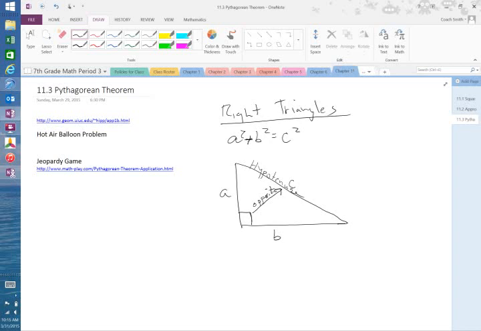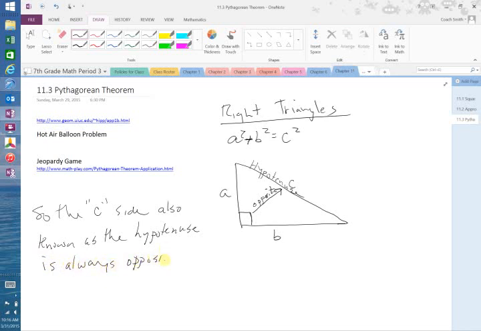The hypotenuse, or the C side, is always opposite of the 90-degree angle.